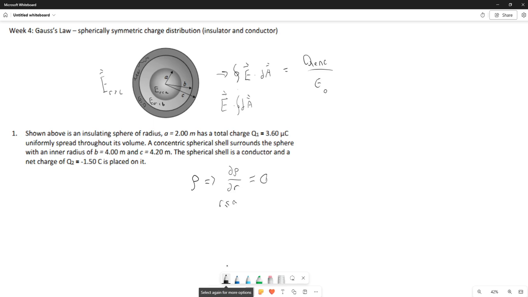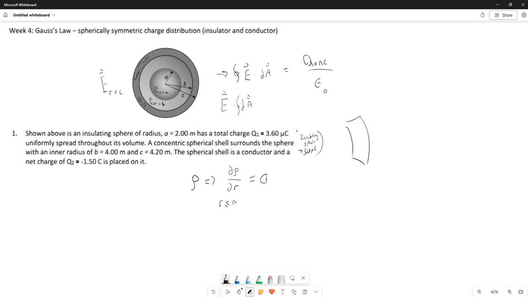Meaning, if we look at one section of the shell, say we take a little slice of the shell, and inside here is going to be our insulating sphere. And we know this has some net positive charge of 3.6 microcoulombs.